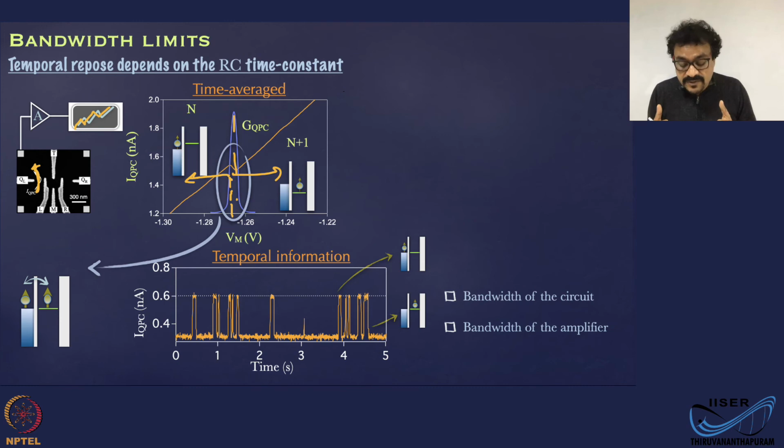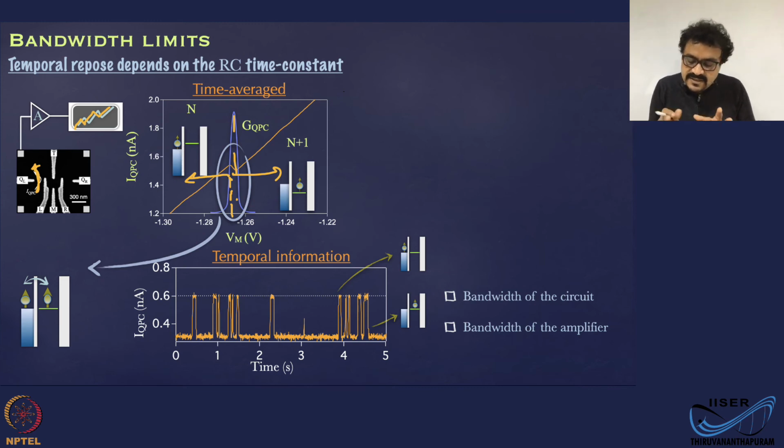You are also interested in the lifetimes, and all the other aspects of these electron states, none of which are available when you do this measurement. So, of course, again, there are limitations on how fast you can actually do this measurement. Okay, those are decided by the RC time constant of the measurement circuit.